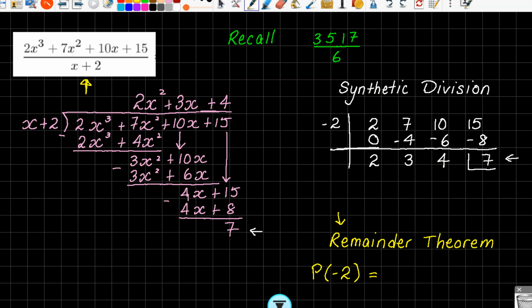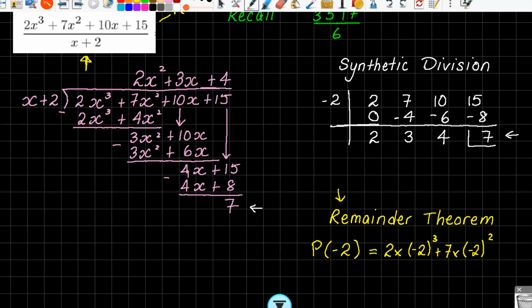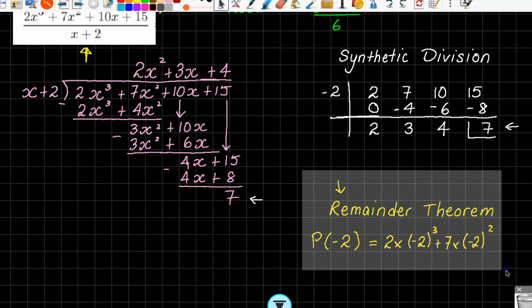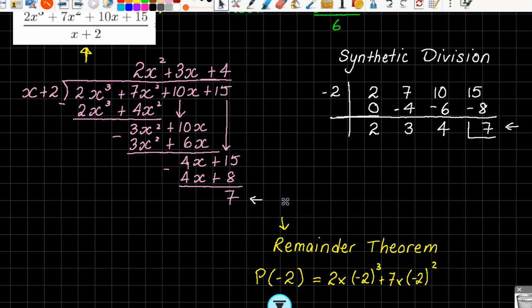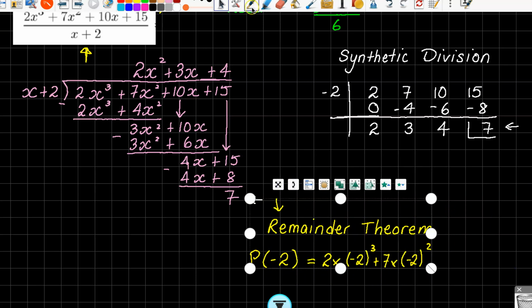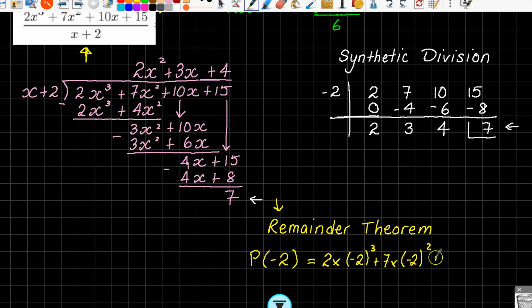It's saying go back to your P, so this is my P of x up here, and wherever x is, replace it with, not 2, -2. So it's going to be 2 times what? -2 cubed. Plus 7 times -2 squared. Plus 10 times -2.